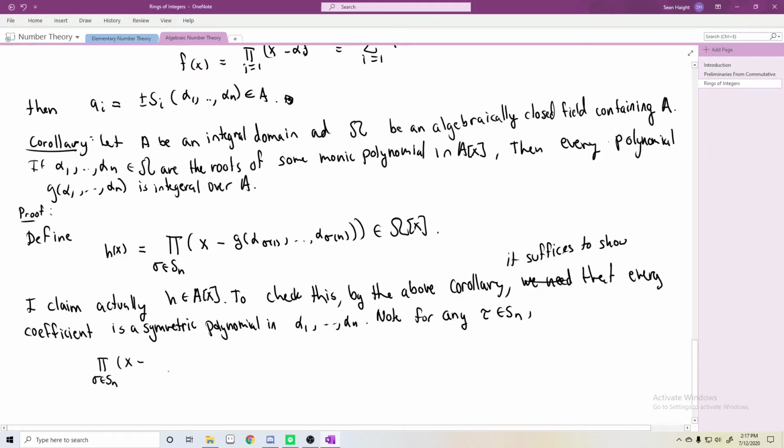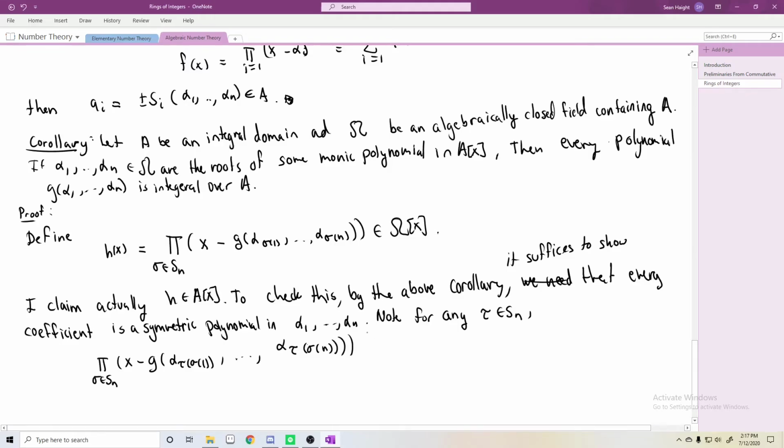So if I let the symmetric group act on the roots alpha 1 through alpha n, this is going to give me something like this, x minus g of alpha tau sigma 1 through alpha tau sigma n.